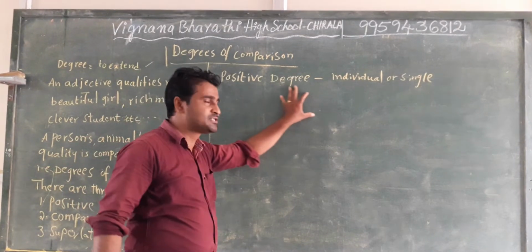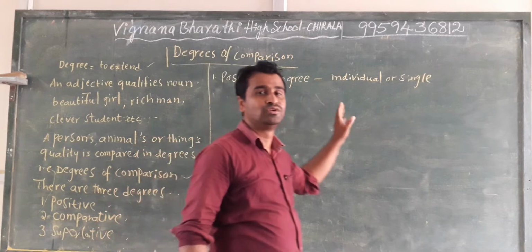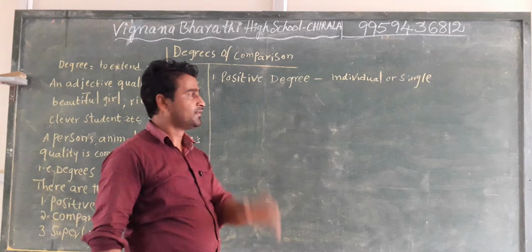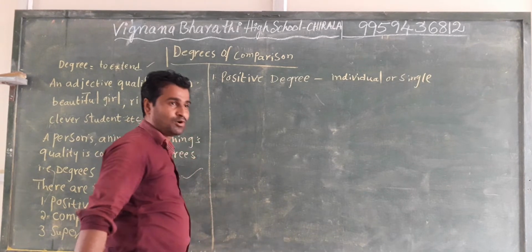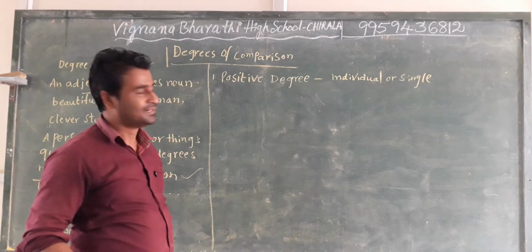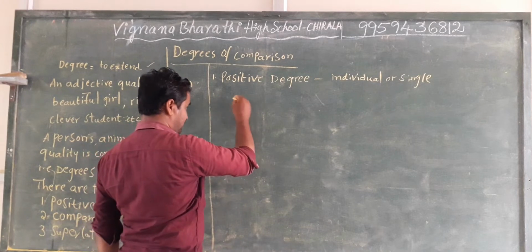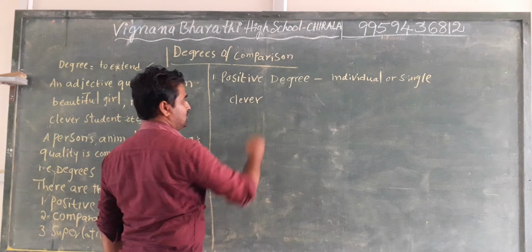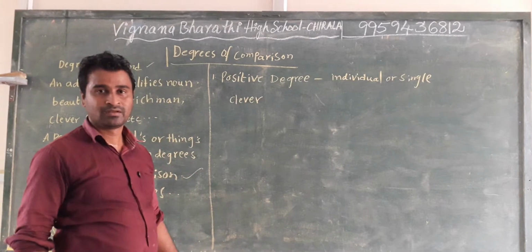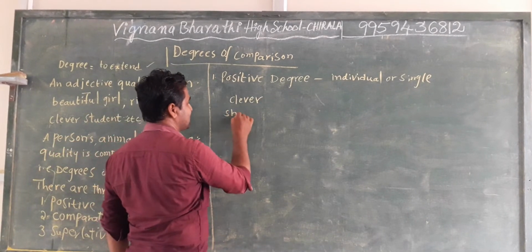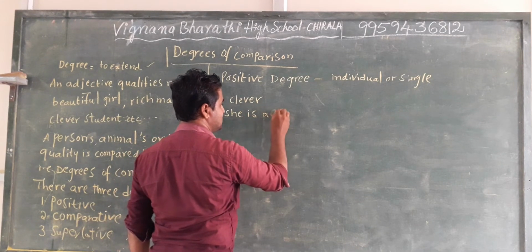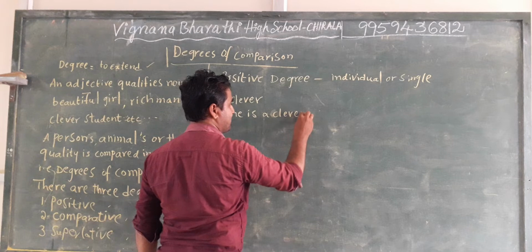So we use the positive degree for referring to one person. In the positive degree, we directly write the adjective. For example, clever. She is a clever student.